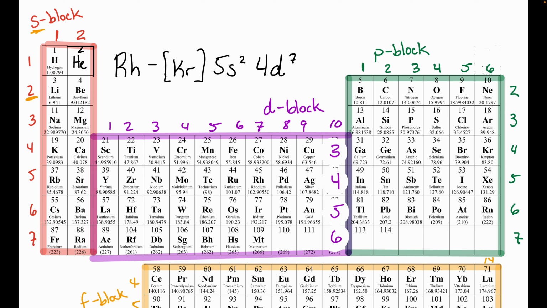The p's are all accounted for in krypton. If I had chosen iodine, you would have some extra p electrons on the end as well. But since rhodium's in the middle, it doesn't have any 5p, and all those 4p, 3p, and 2p electrons were accounted for in krypton.